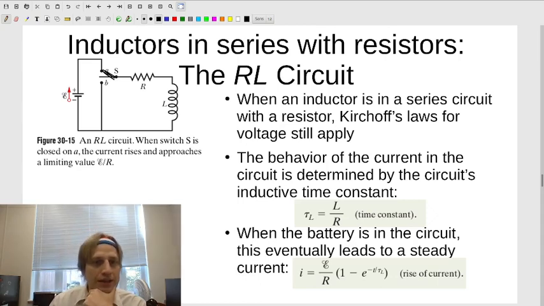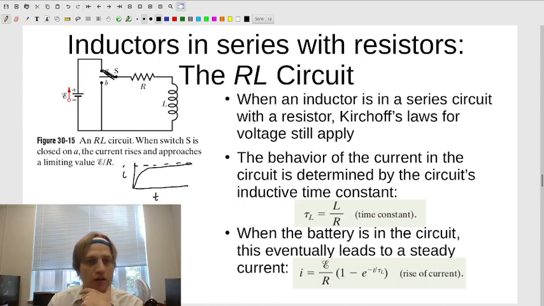But when you put that inductor in there, instead of instantly turning on and getting your full current, you have a current that takes some time to reach its maximum. And that maximum current is still just going to be related to V equals IR. So your maximum would just be the voltage divided by the resistance.